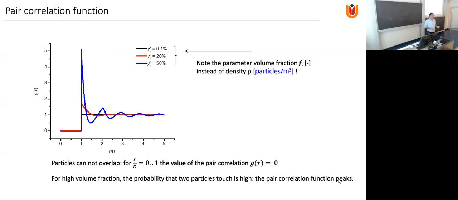If you add more particles, you get a hugely different pair correlation function. That of course means that if you would take the Fourier transform of each of these individual functions, you would get a different structure factor that is also highly volume fraction dependent. Plugging that into the equation for the scattering coefficient means that the scattering coefficient will also have some kind of dependency on the volume fraction itself.